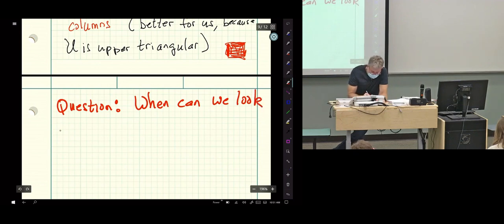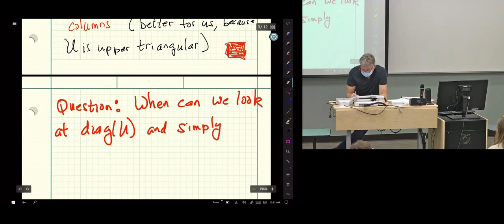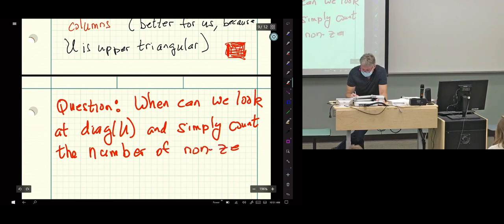When can we look at the diagonal of U and simply count the number of non-zero elements? Ooh, that would be beautiful.